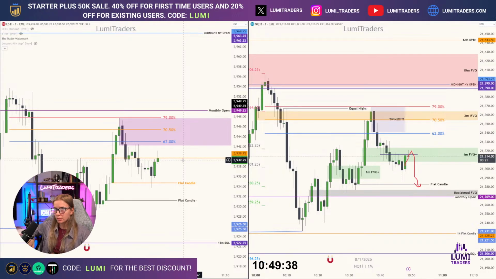You will see lots of times, even on 1 minute chart, how pretty often we see the reaction from this flat candle. It doesn't mean it should be reversal, not at all. But a reaction almost always.